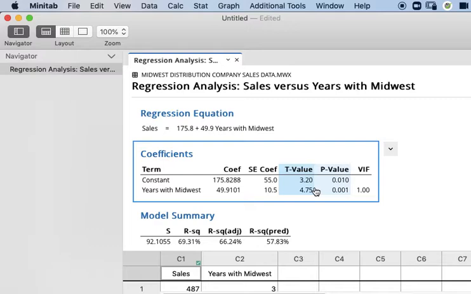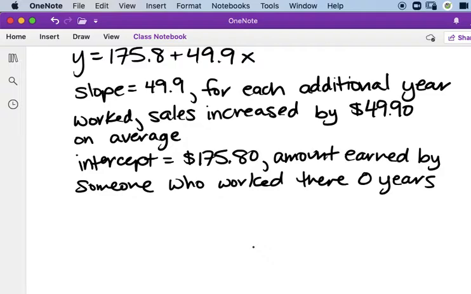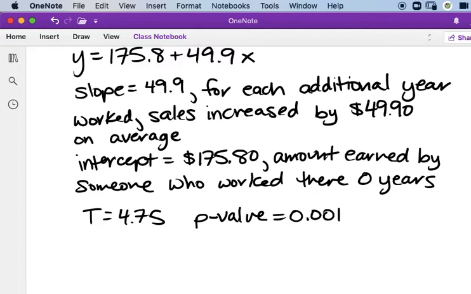I see a t-value of 4.75 and a p-value of 0.001. Remember, if you need more digits, you can get those by using the drop-down arrow.